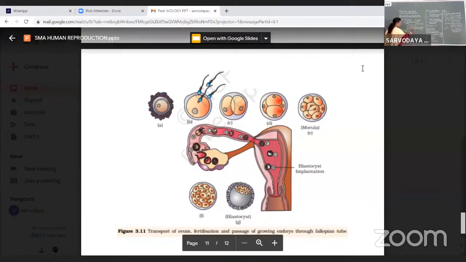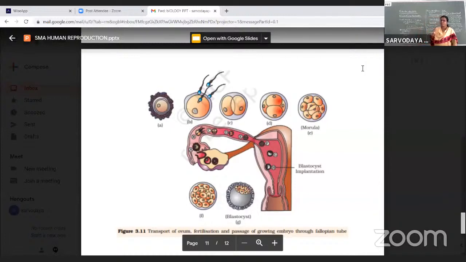Oxytocin. Please remember, oxytocin, along with relaxin. I already mentioned relaxin is secreted from the ovary. So at the end of the pregnancy, relaxin influences the relaxation of the uterus, and contraction and relaxation are also influenced by oxytocin.